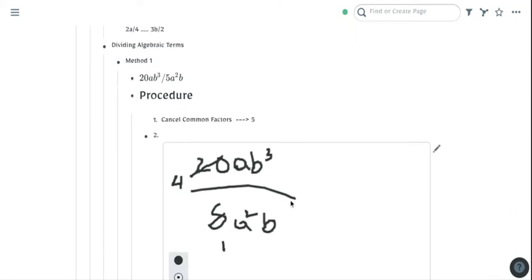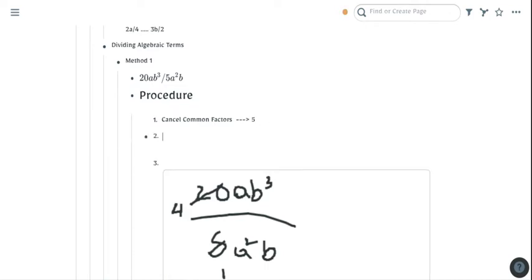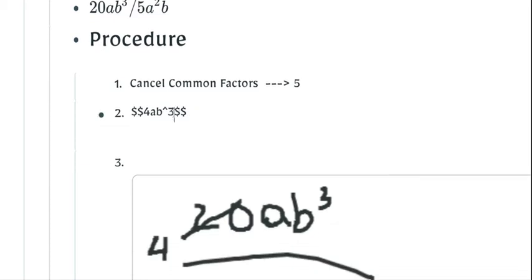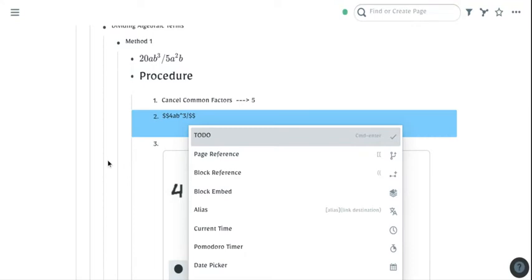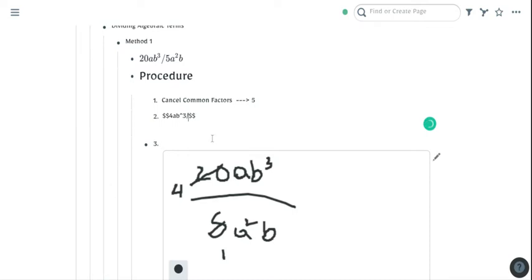We canceled it to make the entire thing now, let's write this, 4A B raised to the third, divided by A squared B.